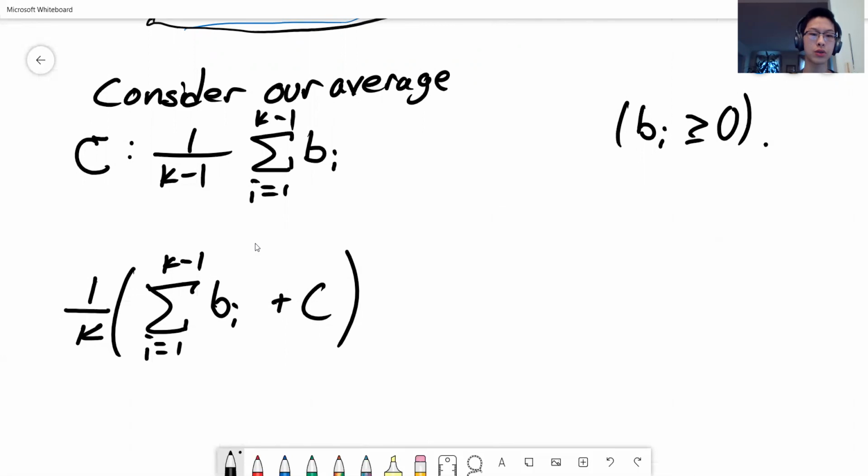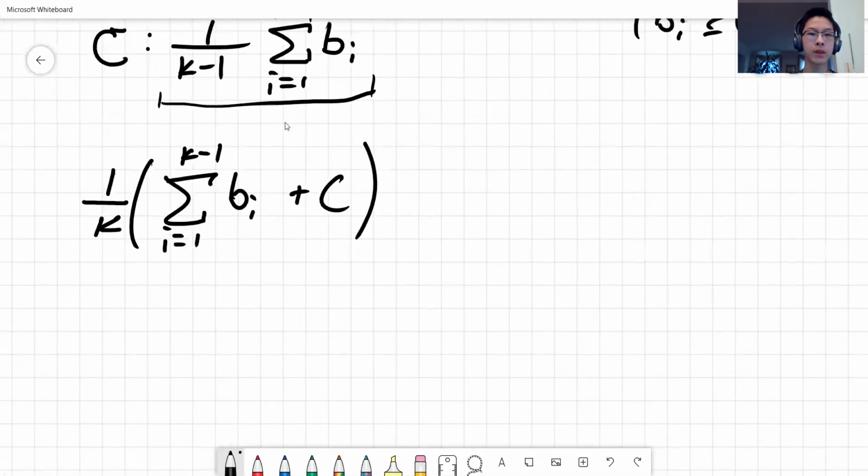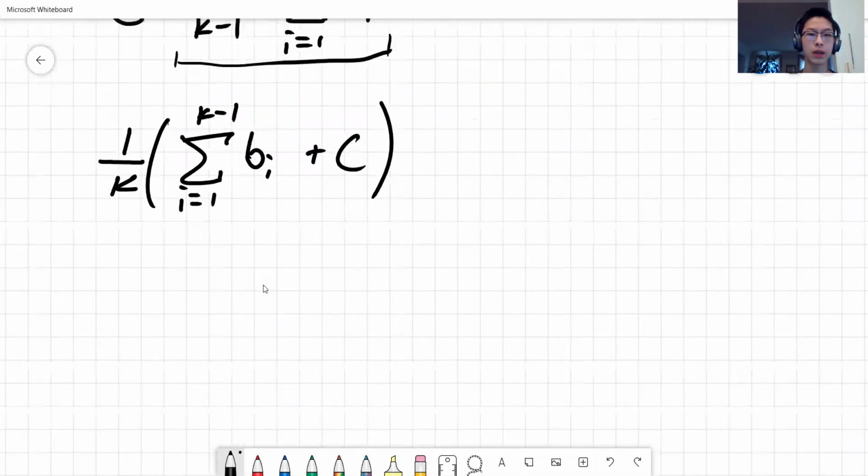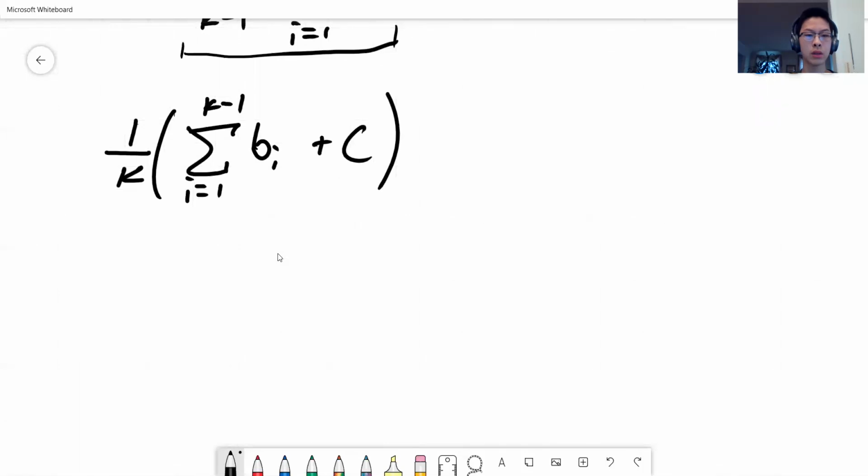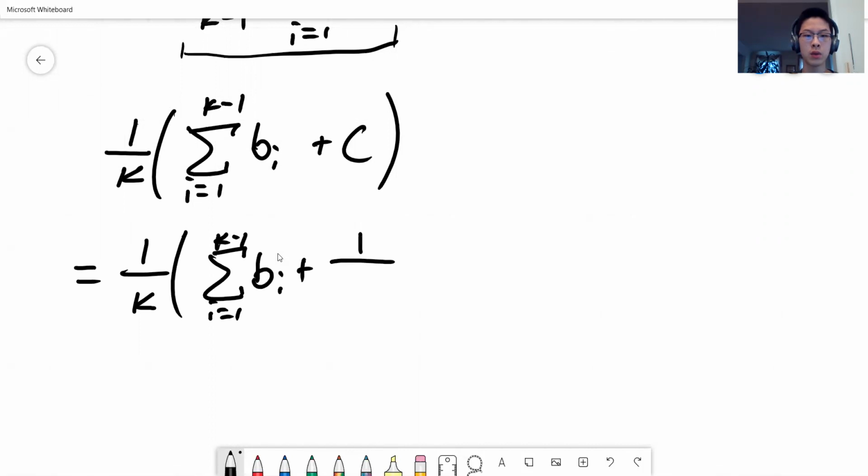And it turns out it's going to be the same as C. So here's the argument. We're going to have to expand, and this is going to be 1 over k times the sum from i equals 1 to k minus 1 of the b_i, plus 1 over k minus 1 times the sum of the k minus 1 terms again of the b_i.